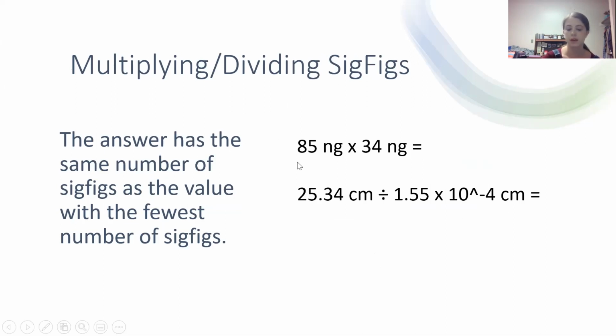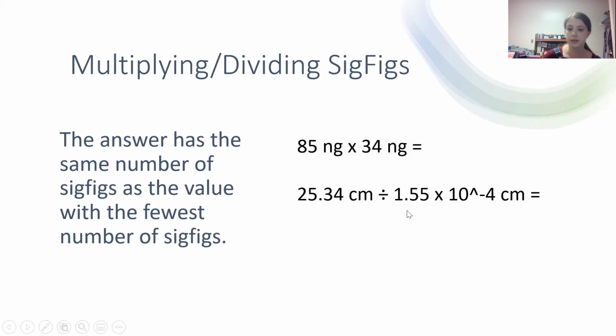So if you multiply 85 times 34, you get 2,890. Now that is 4 digits, but both of these numbers only have 2. So we can only have 2 digits in our answer. So we're going to round that, so that is 2,900, and that'll be it.